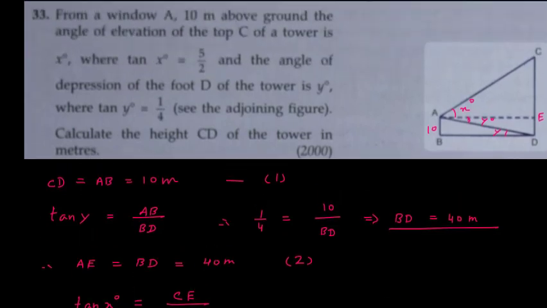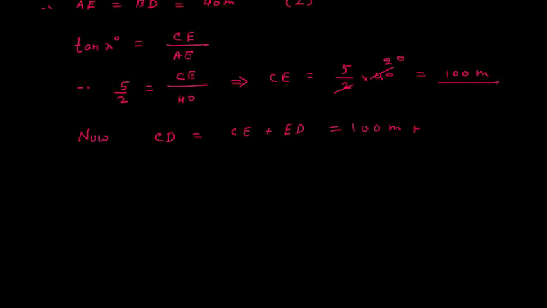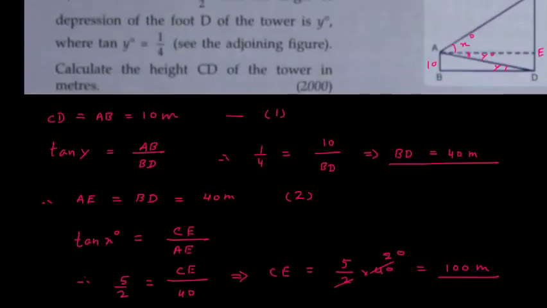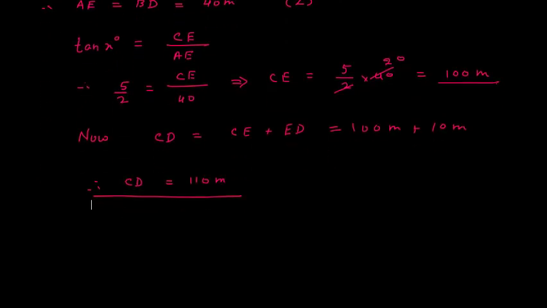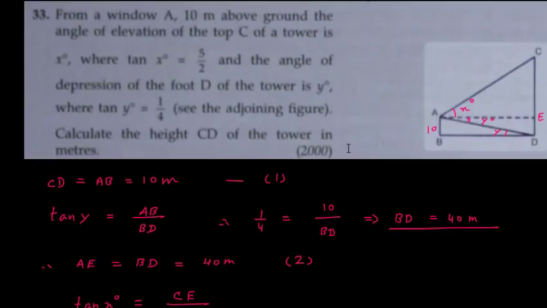The value of ED is what? The value of ED is 10 meter. So 100 meter plus 10 meter. So therefore I will say that this height CD is equal to 110 meter. Calculate the height CD of the tower in meter. So height of tower, height of CD is equal to 110 meter.